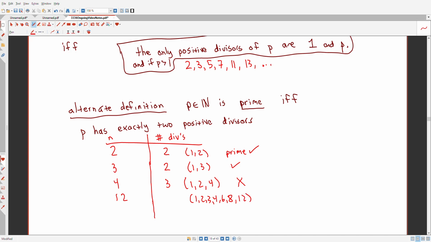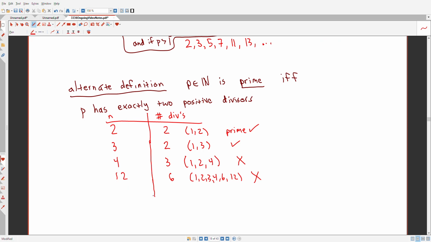Am I 3 times 4? Oh, I wrote down 8. Sorry, 8 is not a divisor of 12. I can't do arithmetic. Okay, there we go: 1, 2, 3, 4, 5, 6. So it's got 6 divisors. It is really not prime.